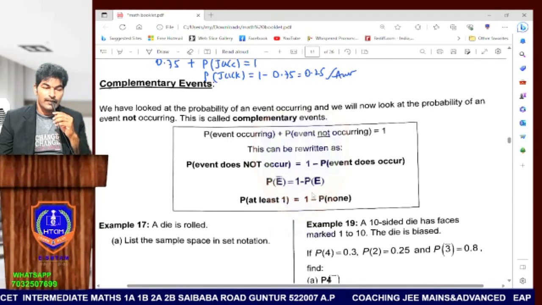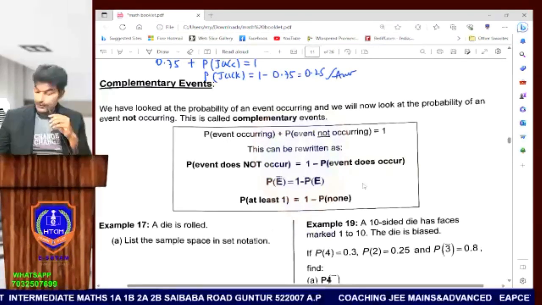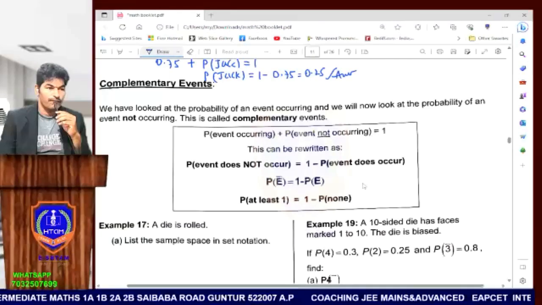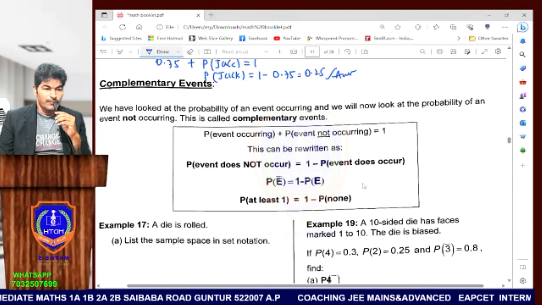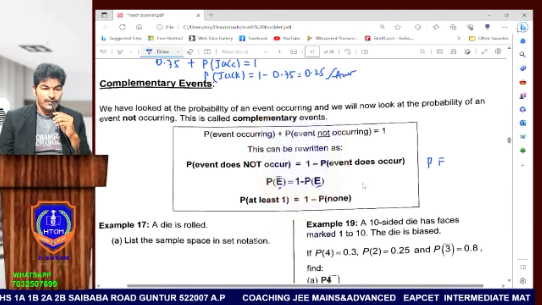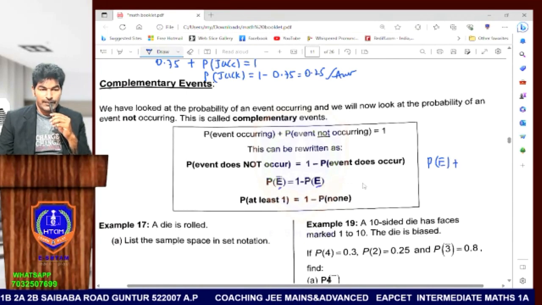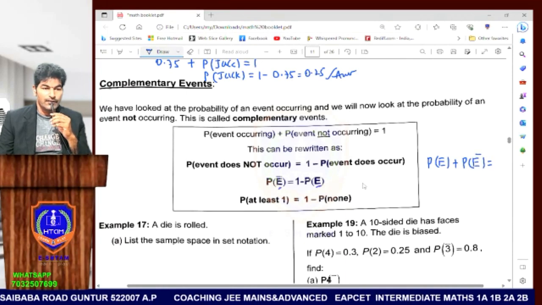E and E dash are any two complementary events. Suppose E and E dash are any two complementary events, then P of E, that means probability of E, plus probability of the complement of that event.